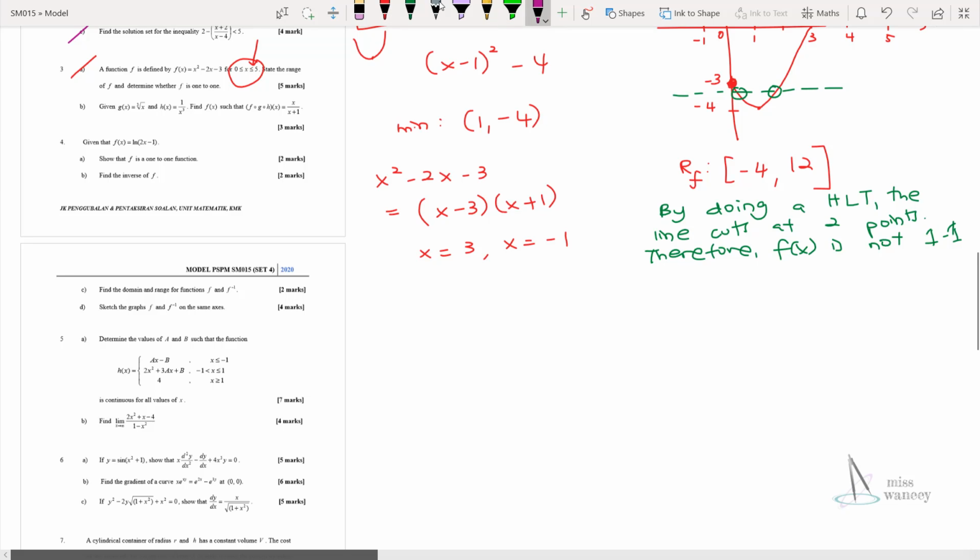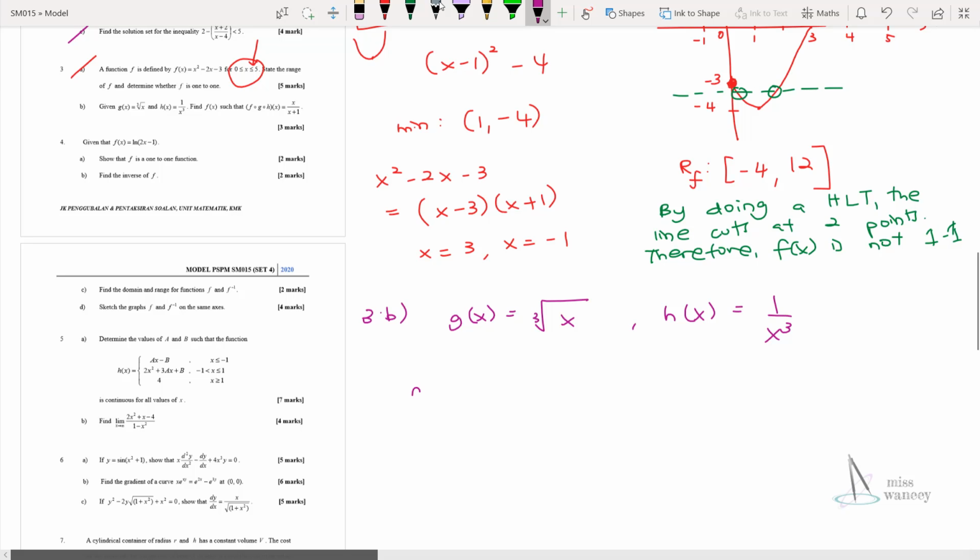Okay, number 3b, given that g(x) is equal to the cube root of x, and h(x) is equal to 1 over x cubed. Find f such that f composite g composite h is equal to x over x plus 1.